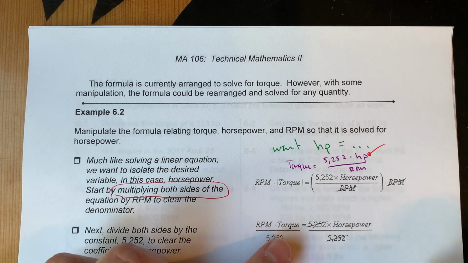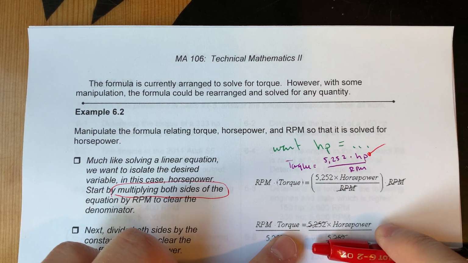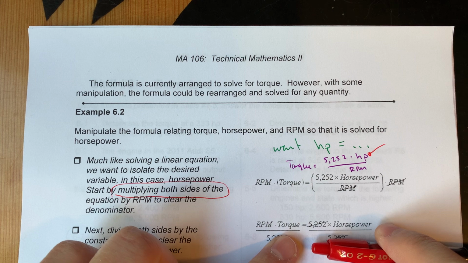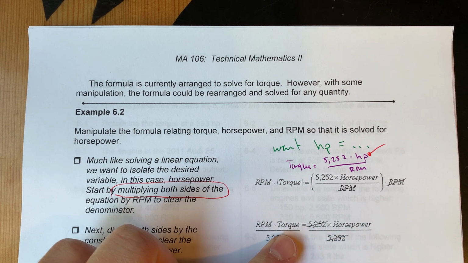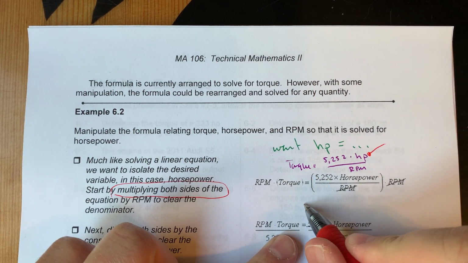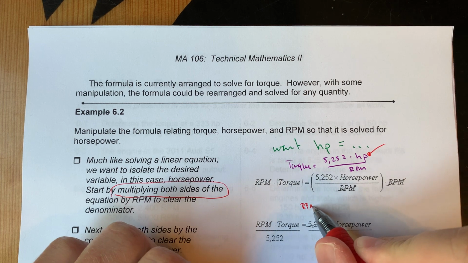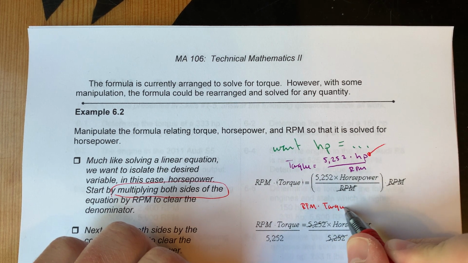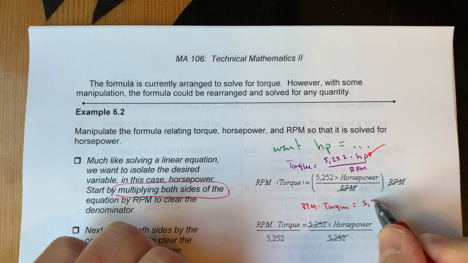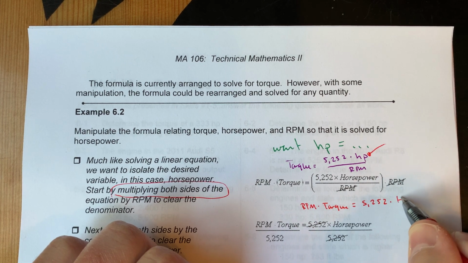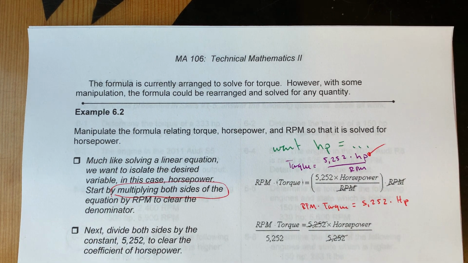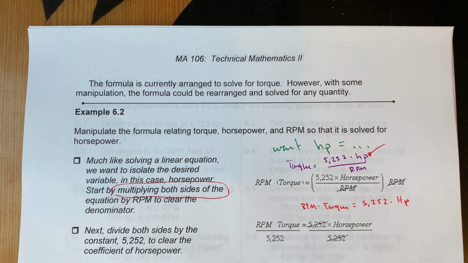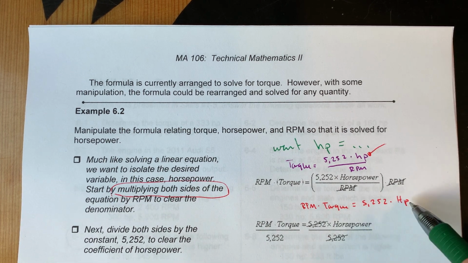That would leave me with RPM times torque would be 5252 times horsepower. Right, that's the middle step, and so then I'm trying to get, again, of course, horsepower by itself.